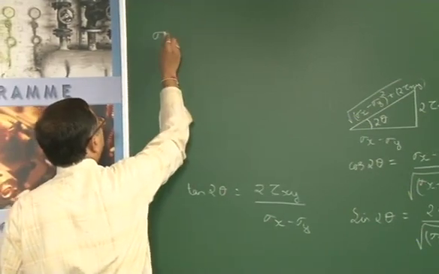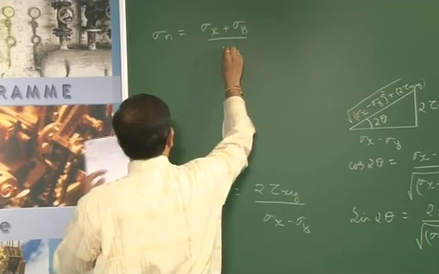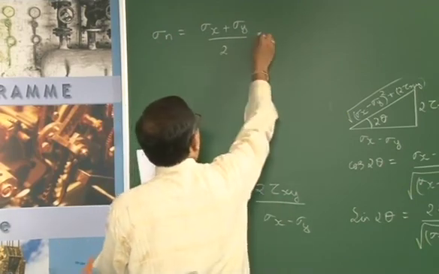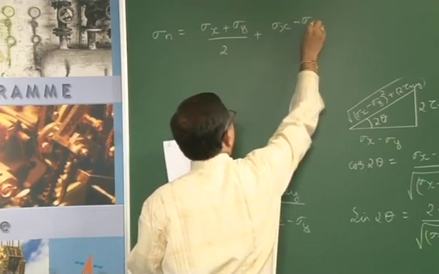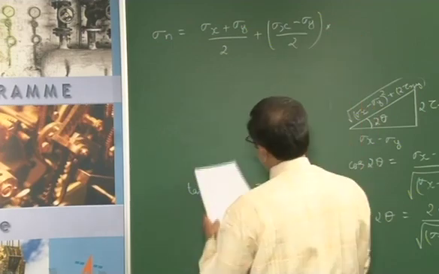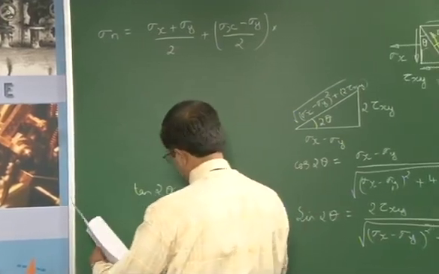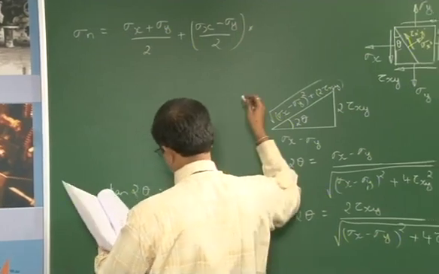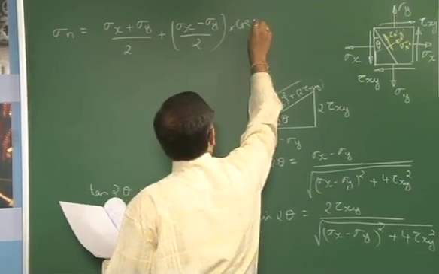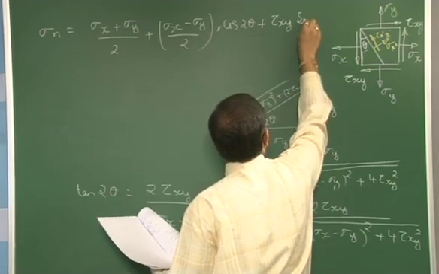We had represented that as sigma n equals sigma x plus sigma y by 2 plus sigma x minus sigma y by 2 into cos 2 theta plus tau xy sin 2 theta.